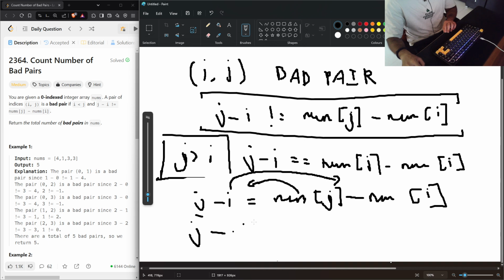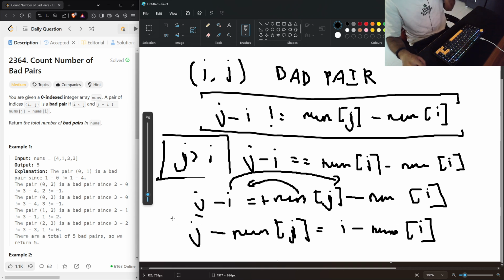This is a positive here, so it will turn to a negative. So this becomes j minus nums j is equal to i minus nums i. We just transformed this equation.